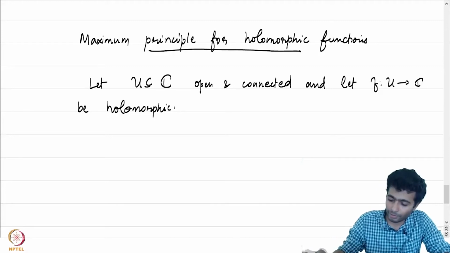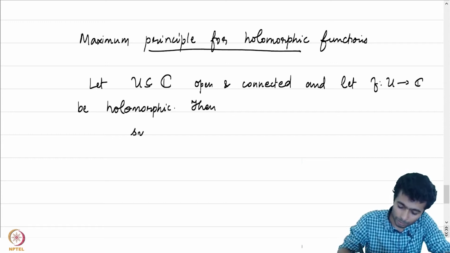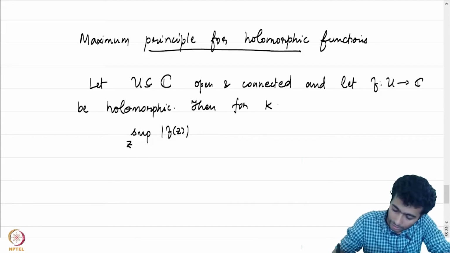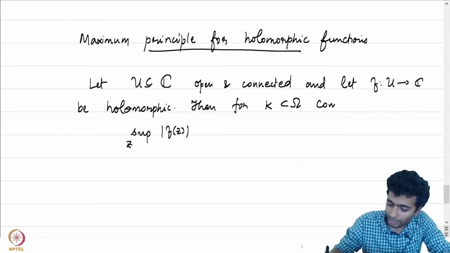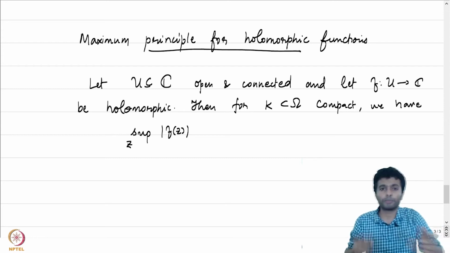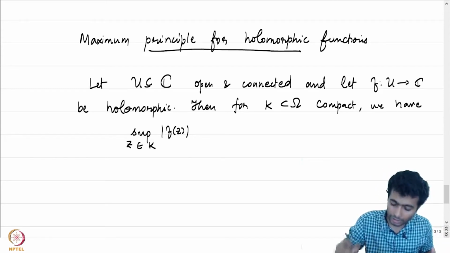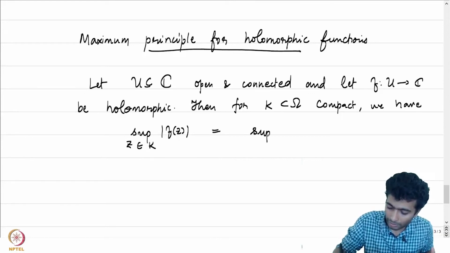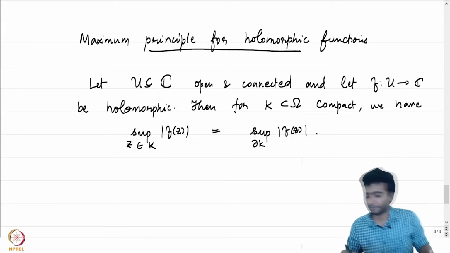So let f from U to C be holomorphic, then for k contained in omega compact, we have the supremum of mod f of z over z in the set k is the same as the supremum of mod f of z on the boundary of k.